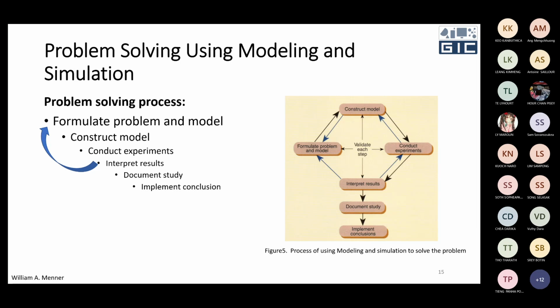After that, we propose a model. You construct your model in an abstract way, and you conduct experiments. It doesn't mean that you have to build the same system, the real one. Sometimes you just conduct the experiment in an imagination way, or in an algorithm way.